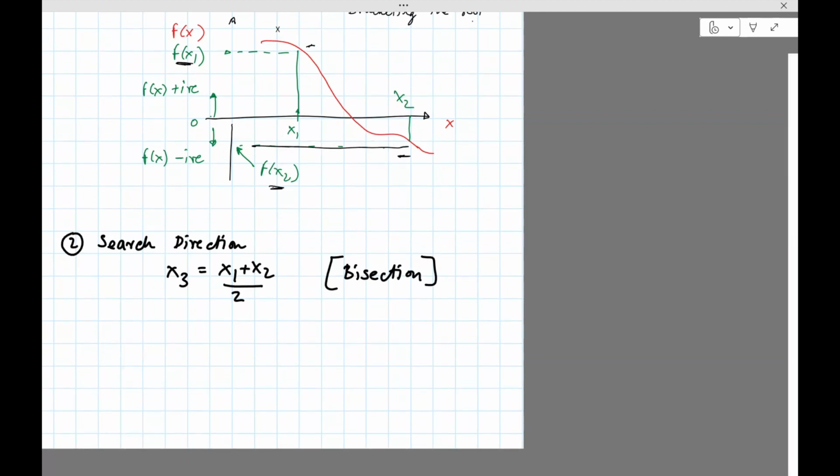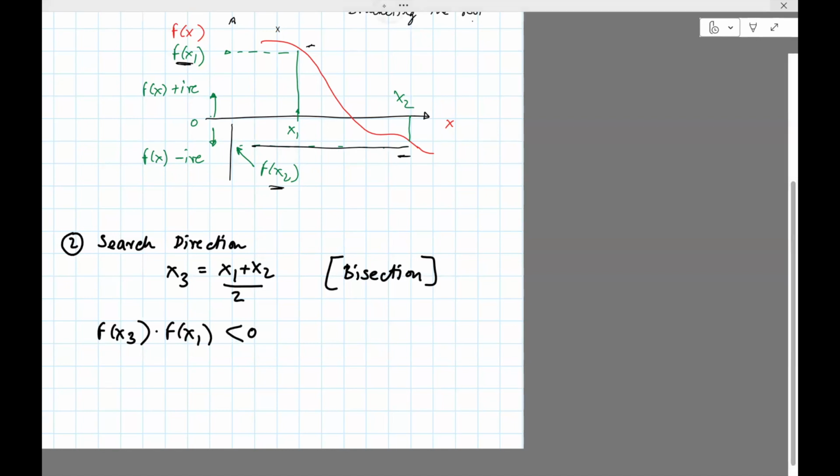Now we'll do two checks. We'll check f of x3 times f of x1, and we don't need to check both, we'll just check one of them. Let's say that f of x3 times f of x1 is less than 0.